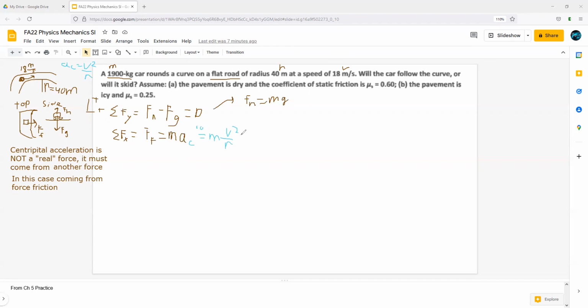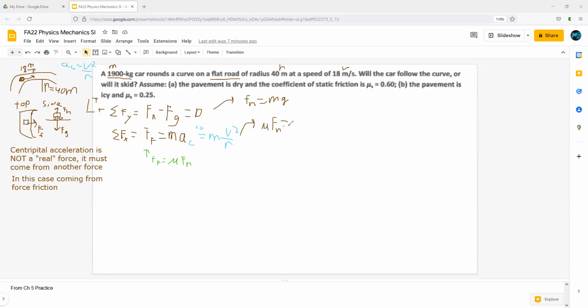And then this one is going to become force friction, which, all right, blue. So then that's going to become F_n times mu.